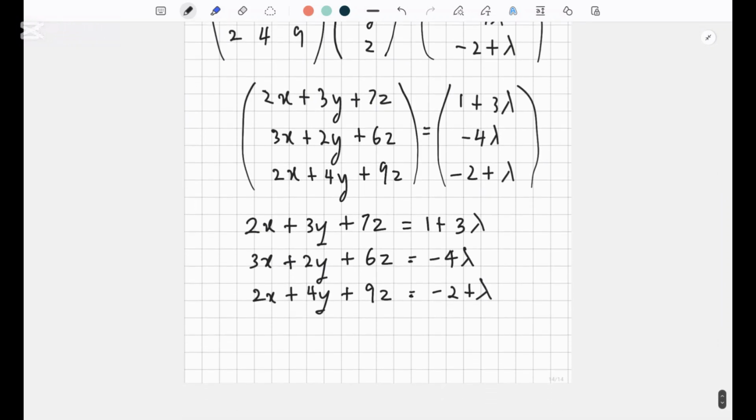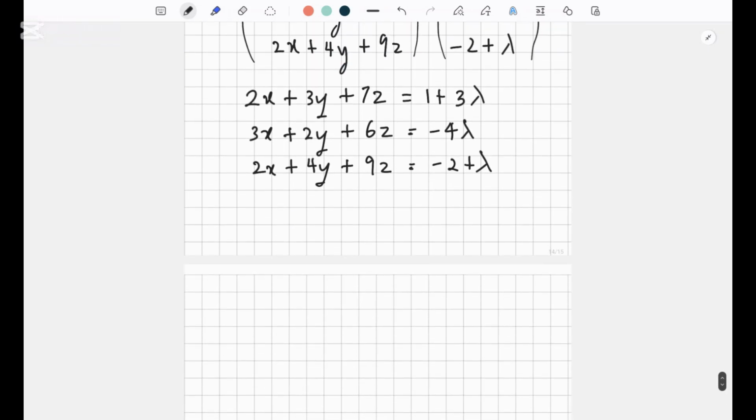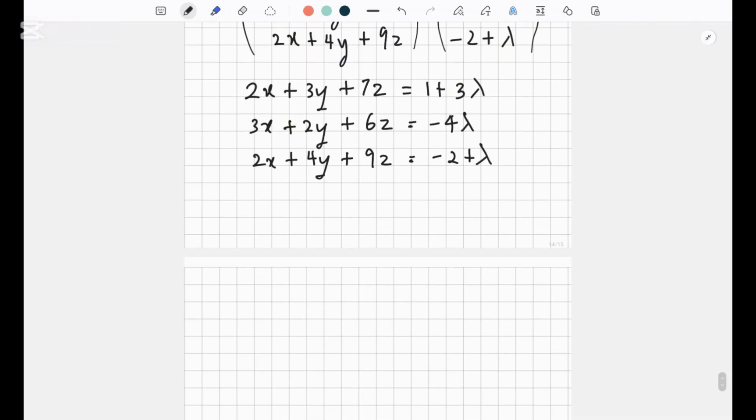What you should do now is like solving simultaneous equations. Looking at the first equation and the third equation, you take the first equation minus 1 times the third equation, and you can cancel off x.